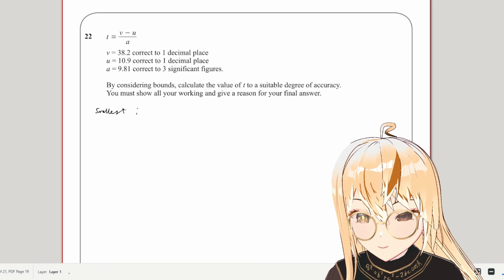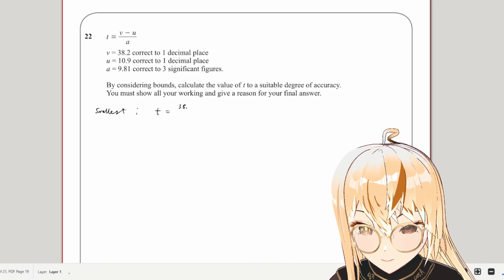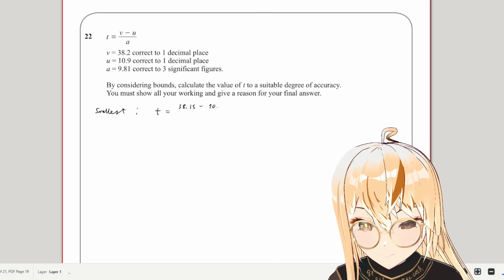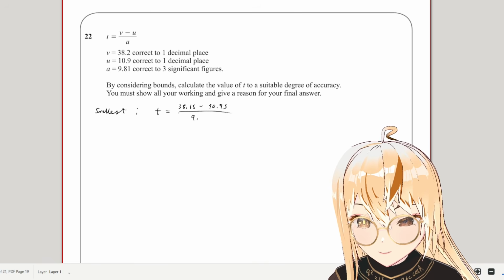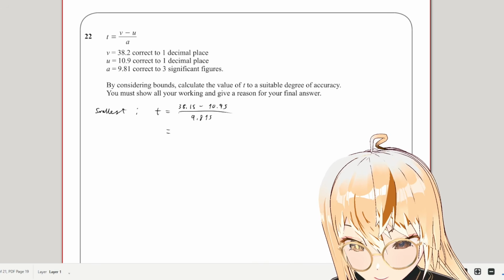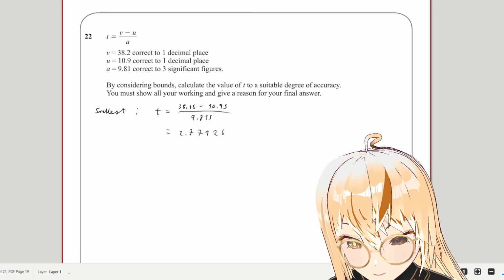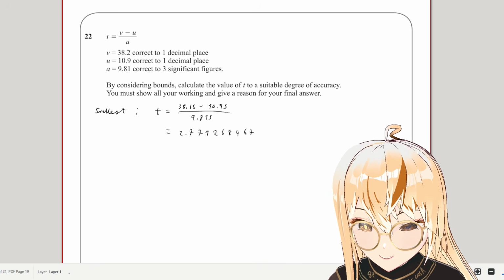So for our smallest, we want to have the smallest v possible minus the largest u possible over the largest a possible. That will minimize RT. Let's just write out enough so we can compare the two. Well, I said enough, but that's just all the digits on my calculator.